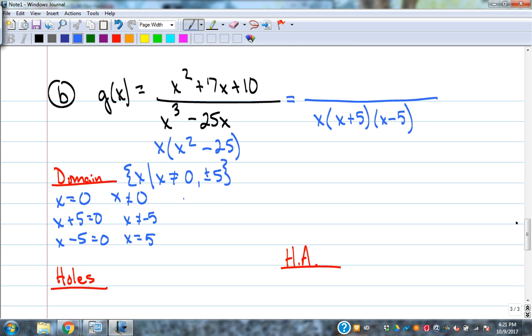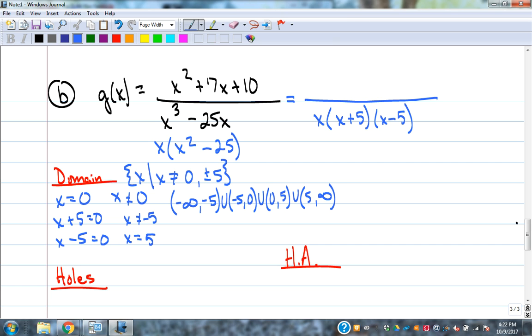In interval notation, negative infinity up to negative 5, negative 5 to 0, 0 to 5, 5 to infinity. This one's actually really long, that's a lot of stuff for interval notation, but recognizing both is important.